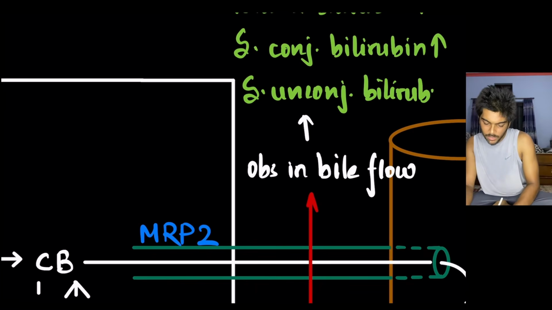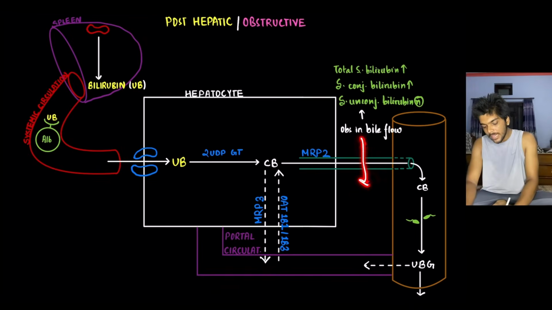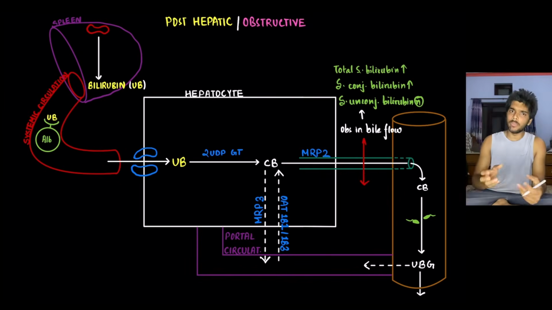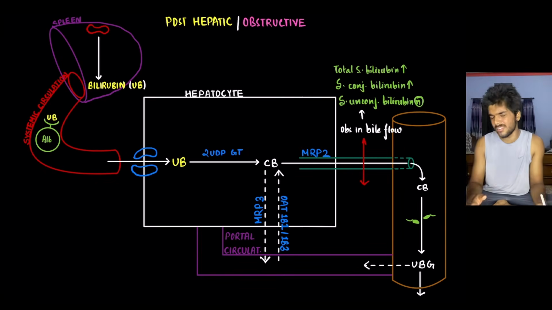That's because the process of hemolysis is normal. It's just that there is obstruction in the biliary outflow. So the conjugated bilirubin can't escape into the duodenum. So it is pushed back into circulation. Accumulation of conjugated bilirubin in circulation, resulting in conjugated hyperbilirubinemia.